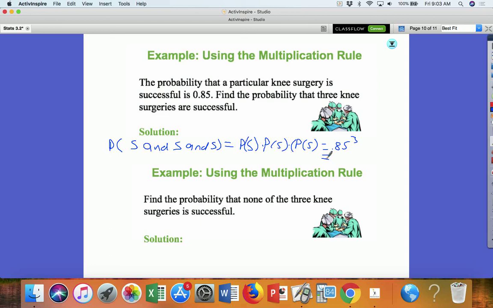Can you tell me a little bit more accurately what it is? I think it's 61.